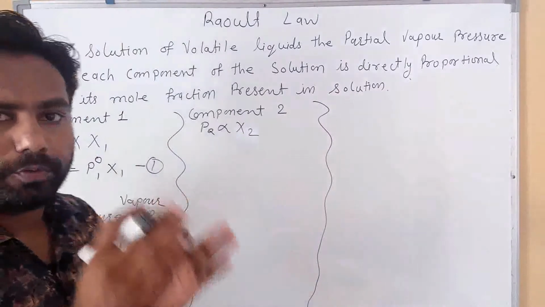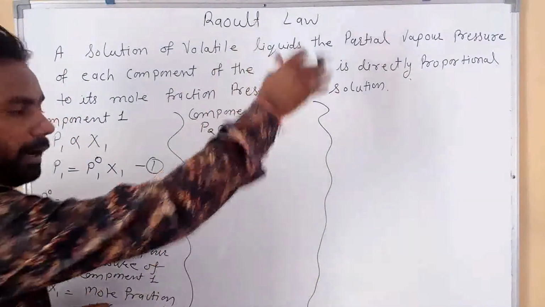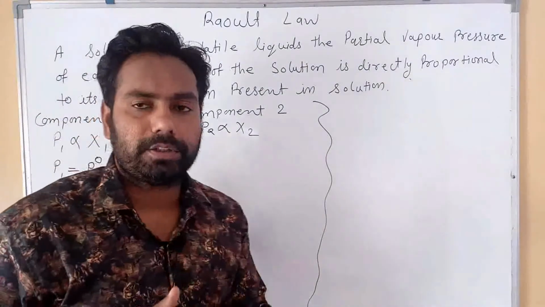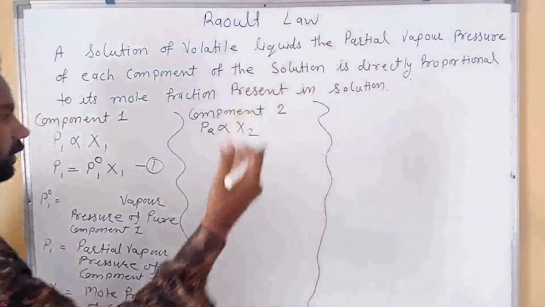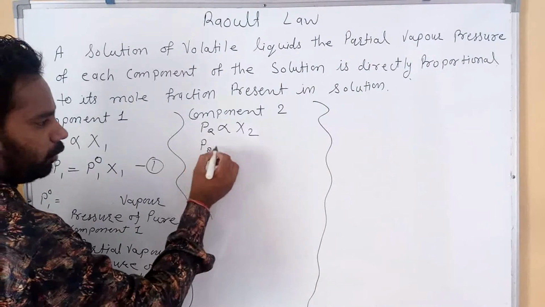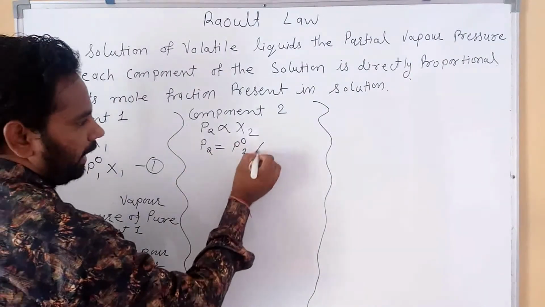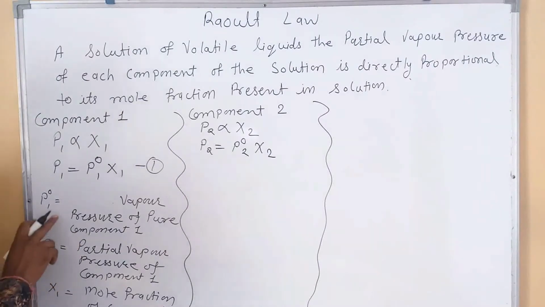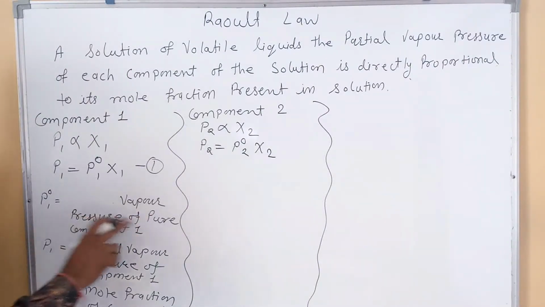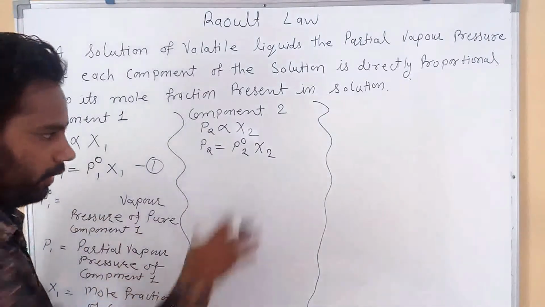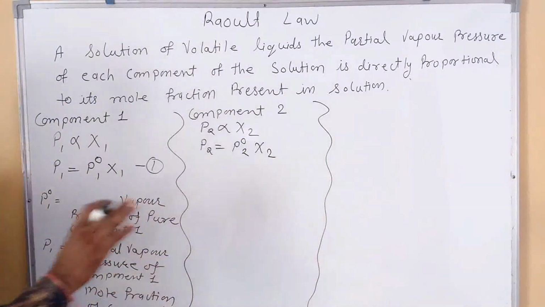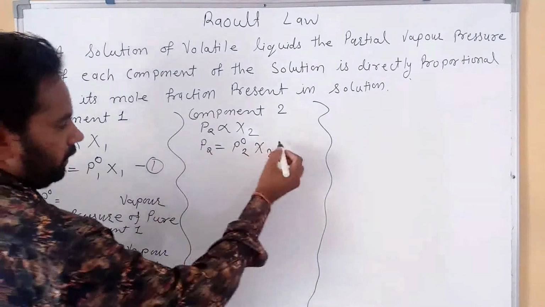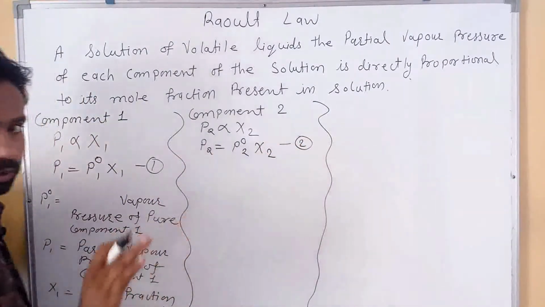P2 is the partial vapor pressure of component 2 and X2 is the mole fraction of component 2. P2 is equal to P02 X2. Again P02 is the vapor pressure of pure component 2. Then next step, put here equation 2.